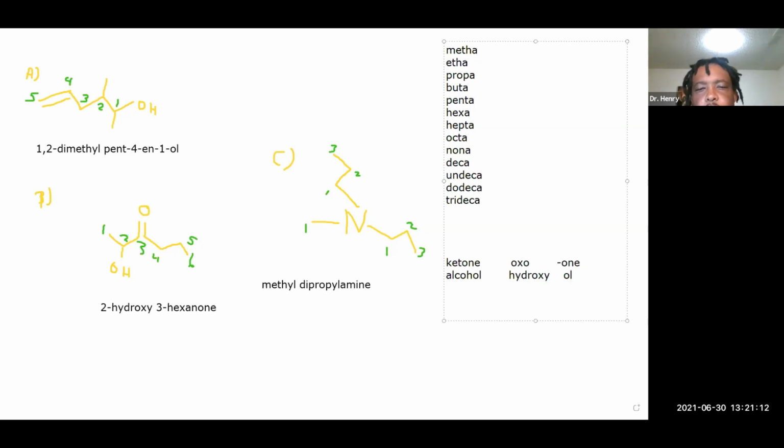So there's 2 ways that we can name ethers. We could have it so it's lower on the totem pole, kind of like the haloalkanes at the very bottom. So it'll be right above the haloalkane.